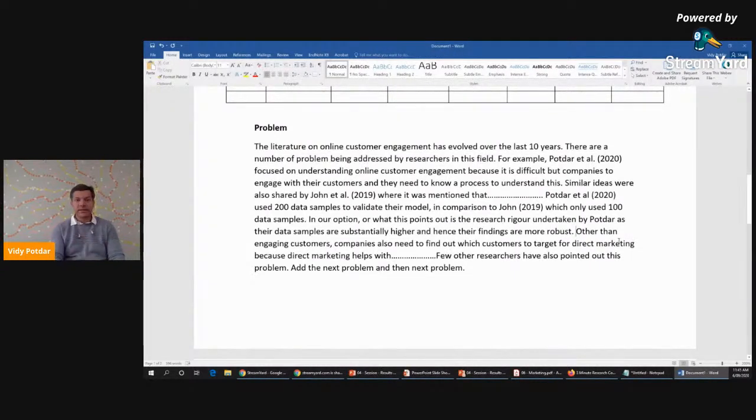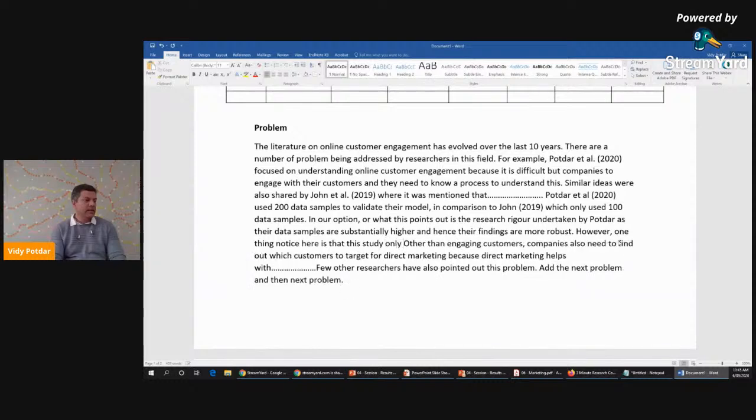So you mentioned this, then you can say, however, one thing to notice here is that this study only focused on the banking industry.